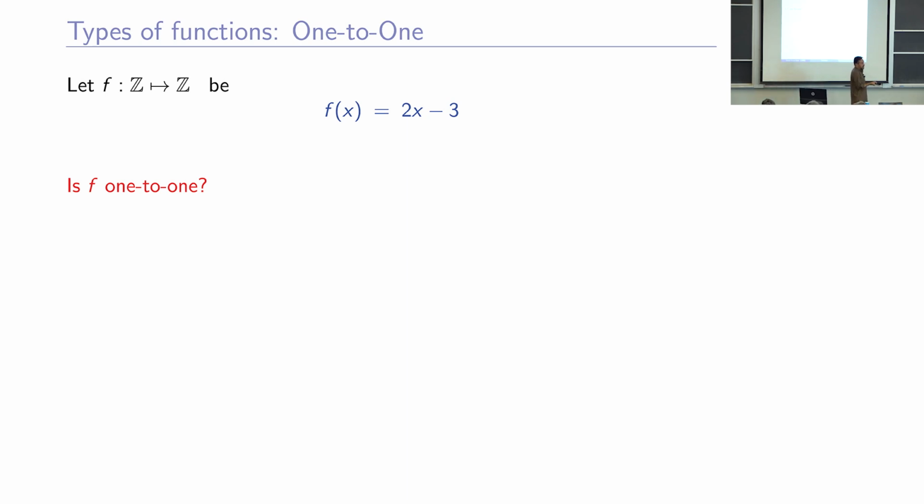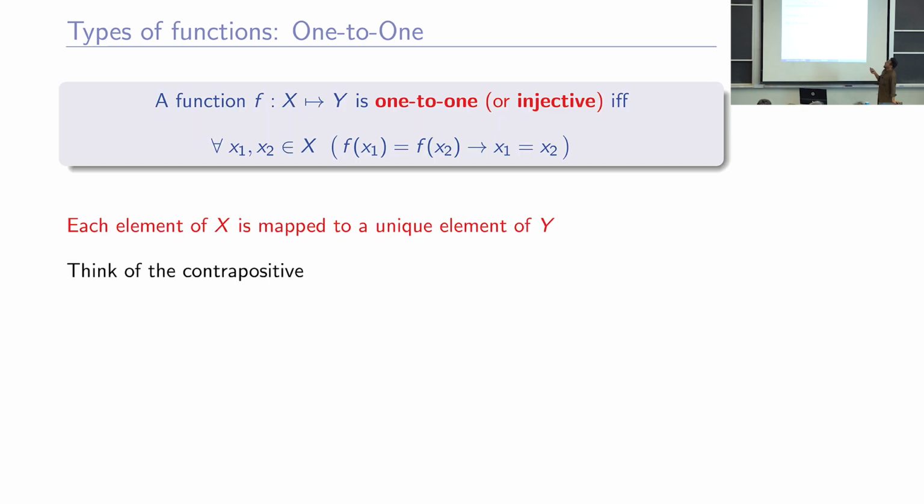But we have a definition. The definition says, and that's why this is not just the example, I gave you the more difficult definition here: that if the output is the same, then the input is the same, right? It really is the same statement as the contrapositive: if the input is different, then the output is different.